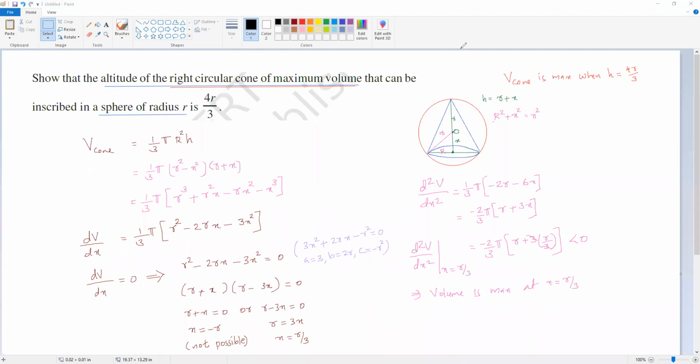But our question is to prove that at that time the altitude is 4r by 3.